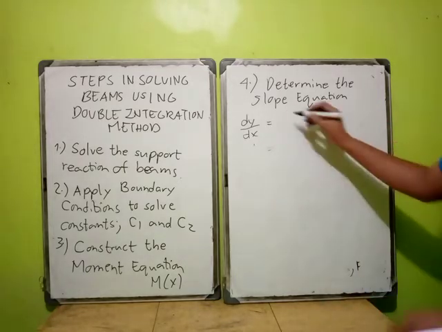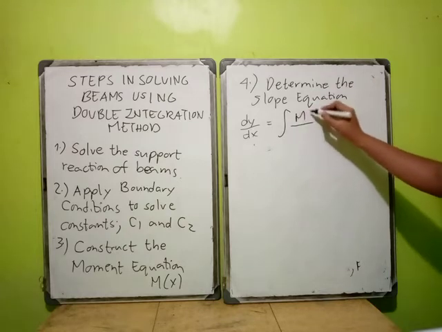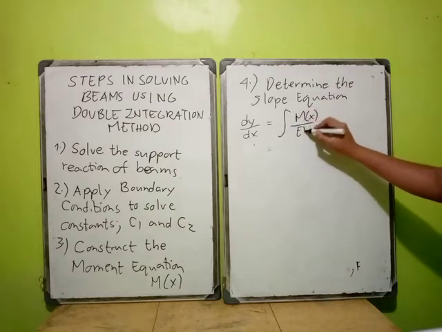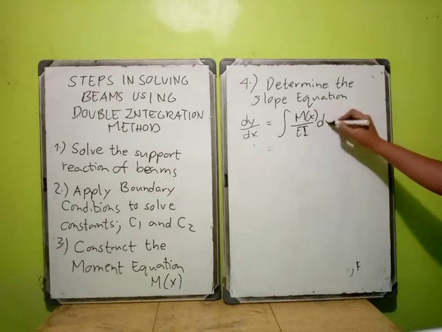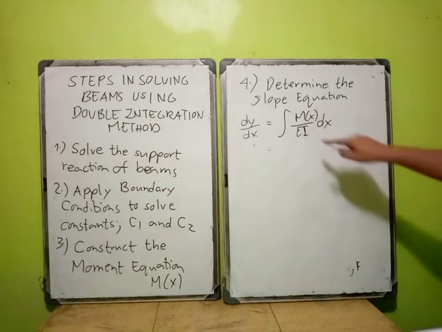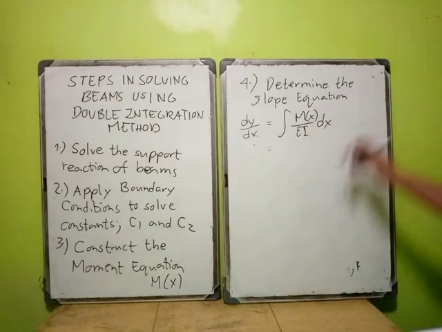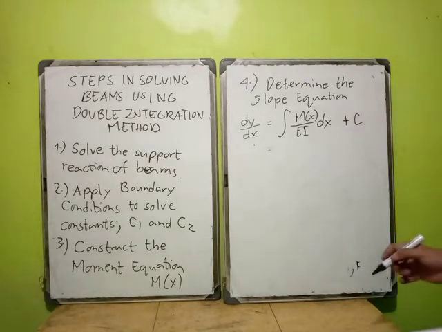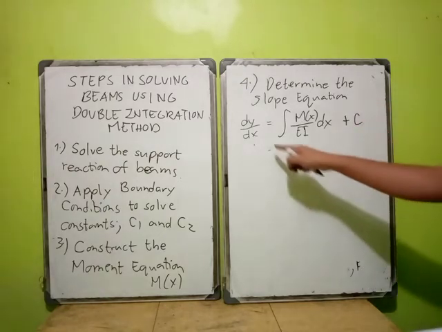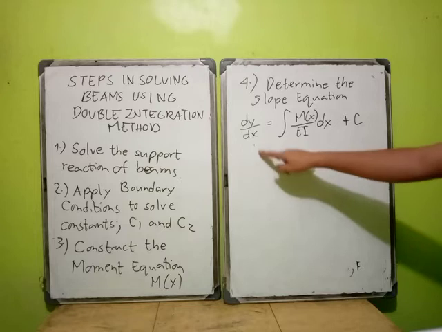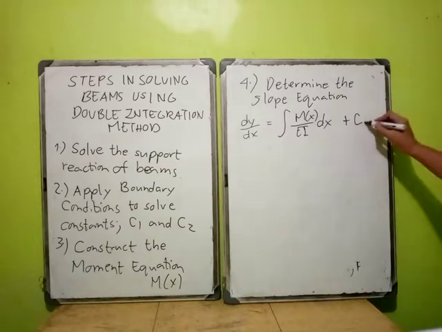So, the integral of M of x over EI dx, that is plus C1. So, you can compute the C1 using the boundary conditions.